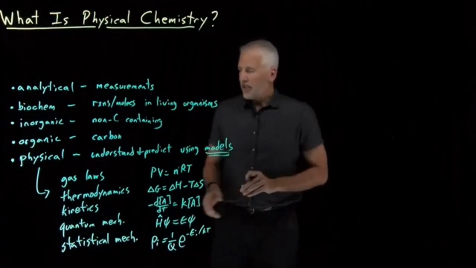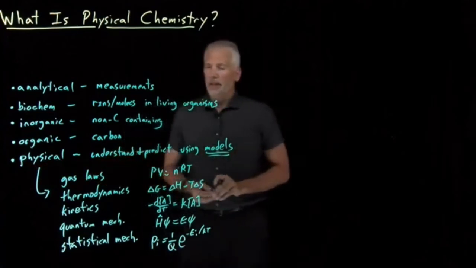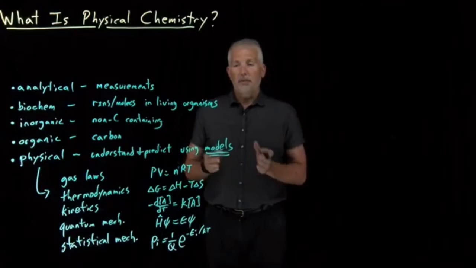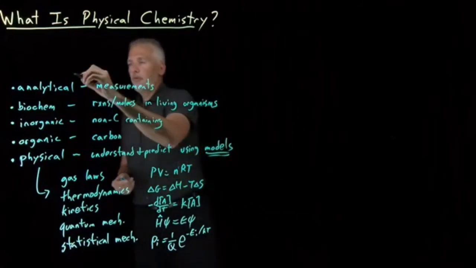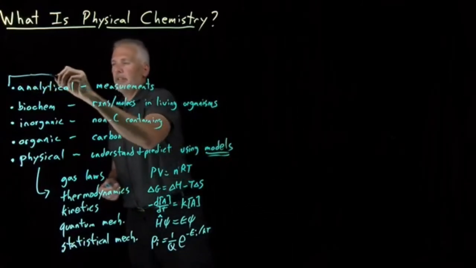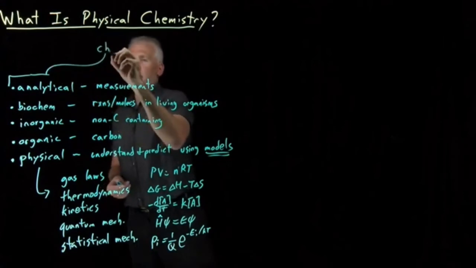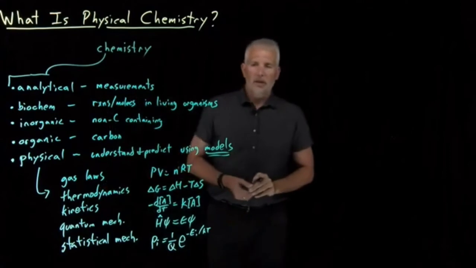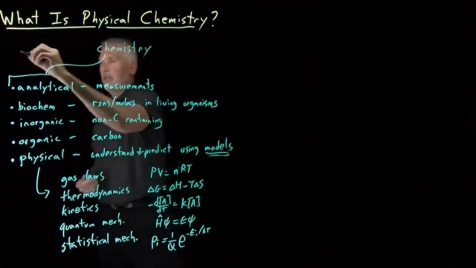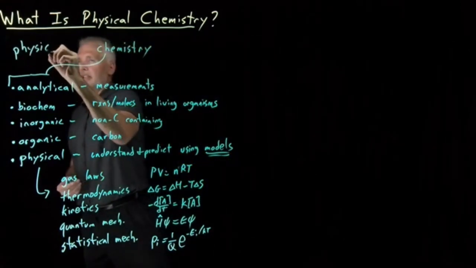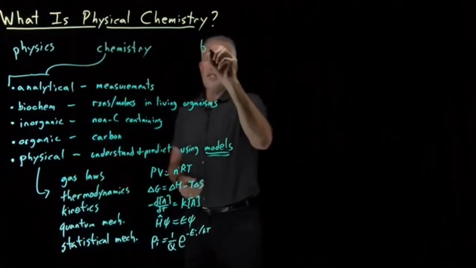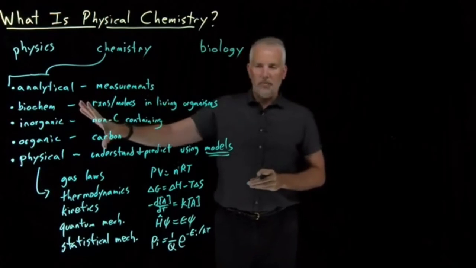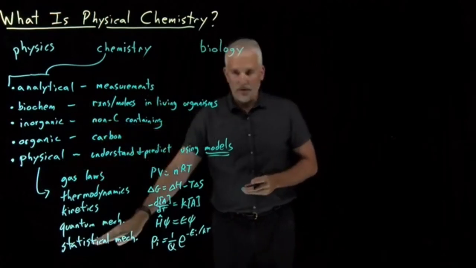One last comment about this name, physical chemistry. Again, physical chemistry sounds a little bit like it has something to do with physics. So all of these topics that I've just described are subdisciplines of chemistry. There are other scientific fields as well: there's physics, there's chemistry, there's biology. We've subdivided chemistry into different subfields and then physical chemistry into subtopics beneath that.